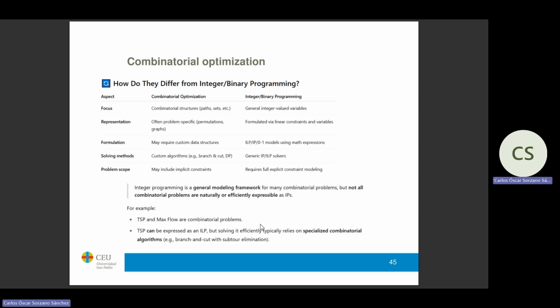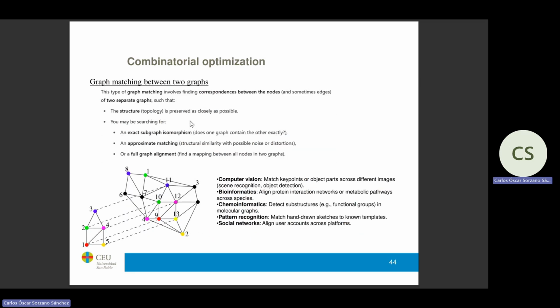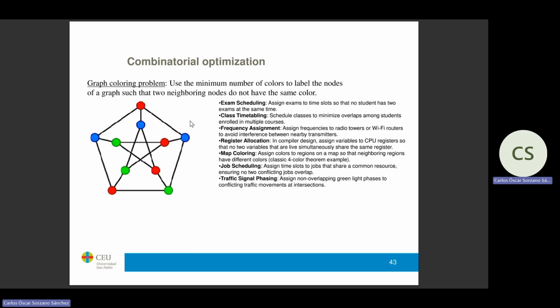And representation. So typically, they are very much problem specific. So it is not, as we did at the beginning, where you formulate some goal function that is linear, with linear constraints and variables that have to be integer. Typically these things are very much specific to the problems, these problems of graph matching, graph or whatever.